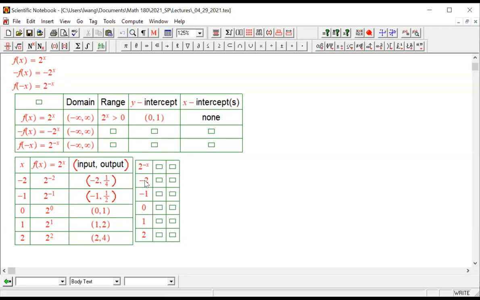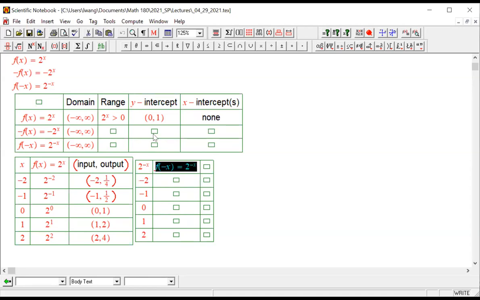We're still going to choose these same points. This is f of negative x. But what will happen is, when the input is negative 2, this turns into 2 to the power negative of negative 2.